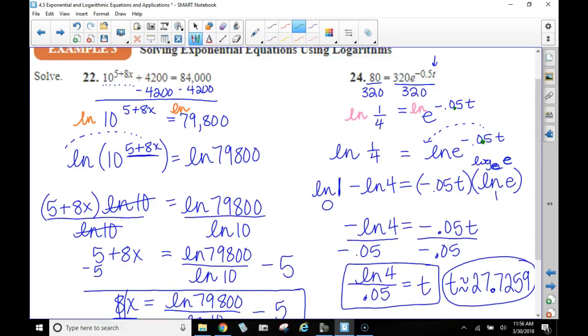It's just 0.5, it's not 0.05. Edit that.